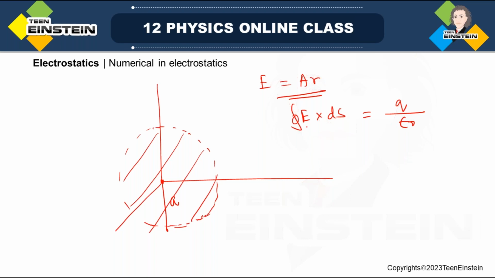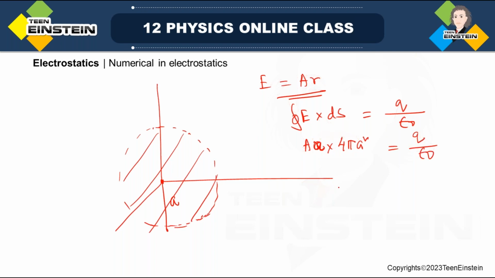So we can apply the same thing here. Here AR is the electric field, and for the area I can directly write 4 pi a square. And this also I can write A, so 4 pi a into a square, equal to q by epsilon 0.